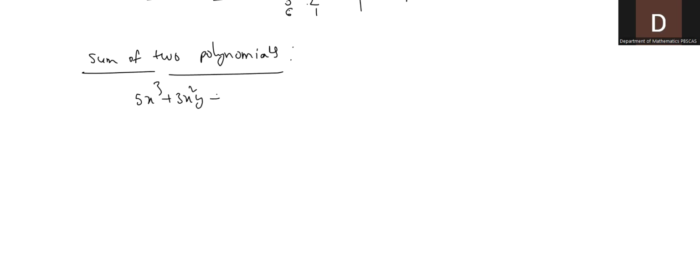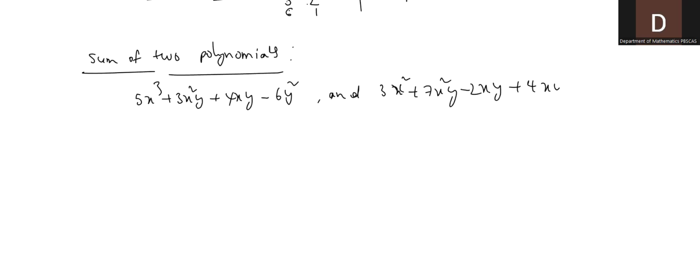This is one polynomial. And we can take anything. 3x square plus 7x square y minus 2xy plus 4xy square minus 5. This is another polynomial. So find the sum of 2 polynomials.